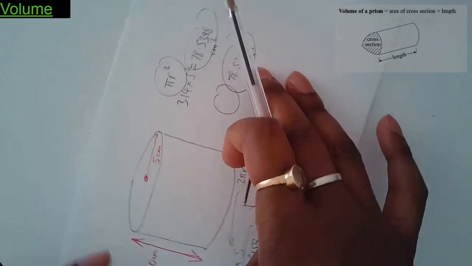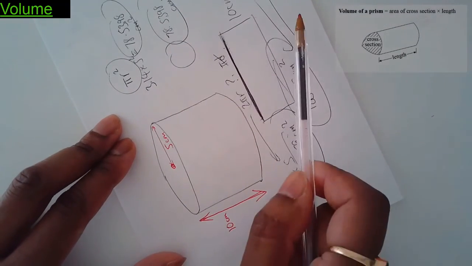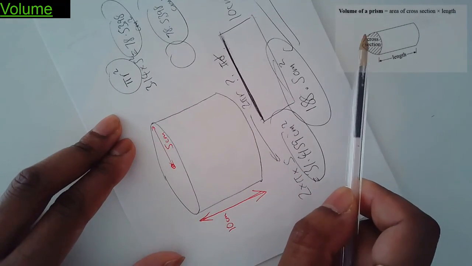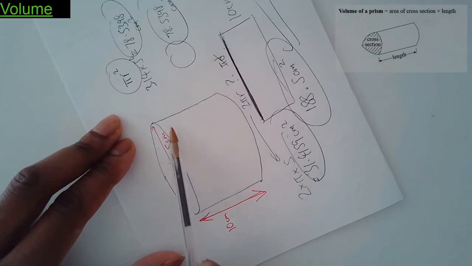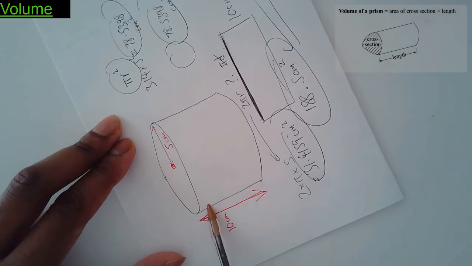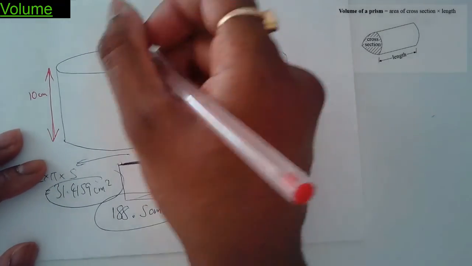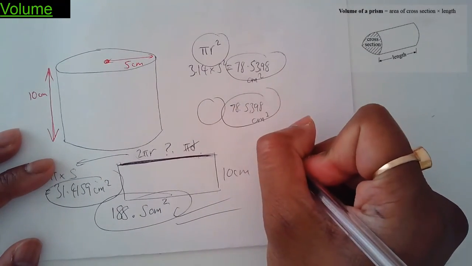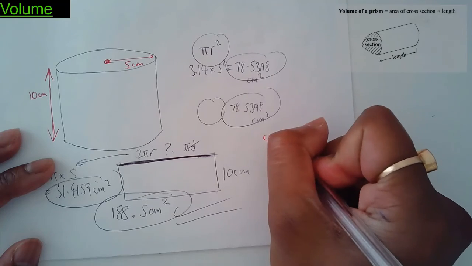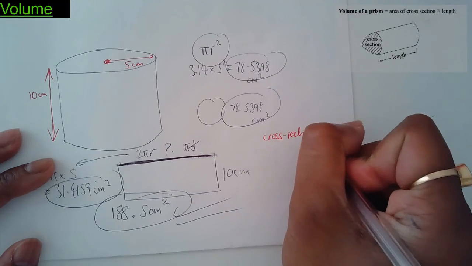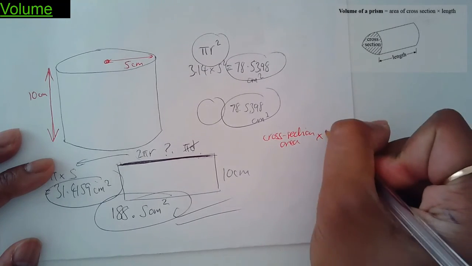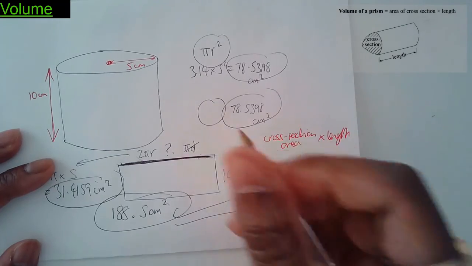Or if you like, this way here. Compare, that's the cross-sectional area times length. Cross-sectional area multiplied by length gives you the volume.